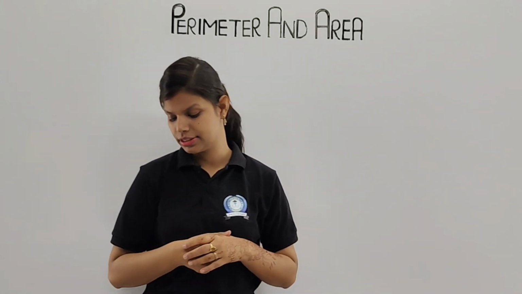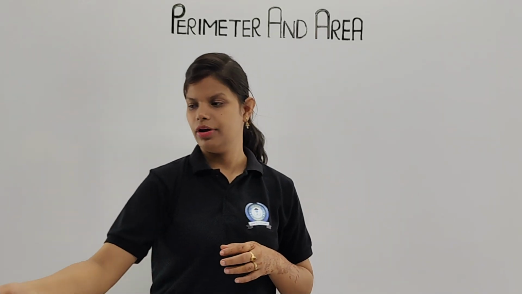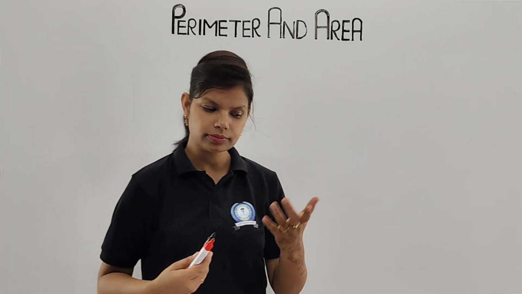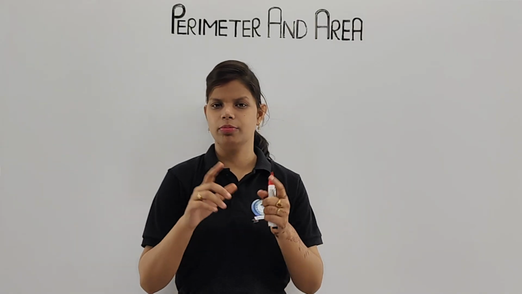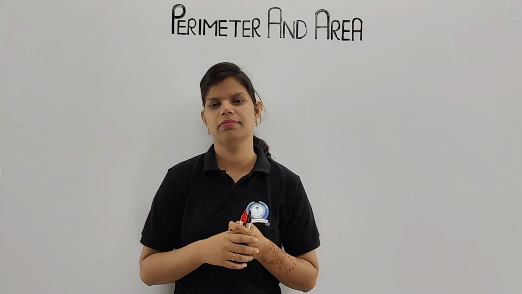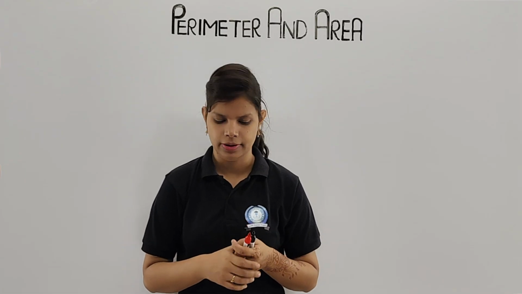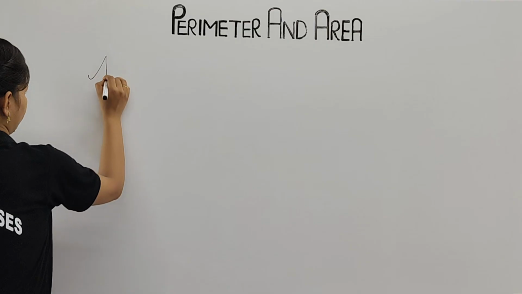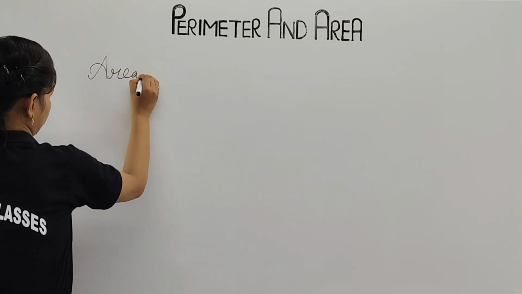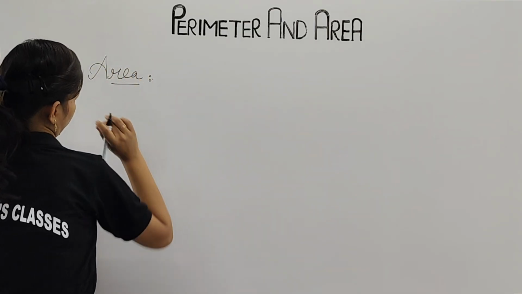Now we have to discuss the topic of area, where we will talk about its formula, its representation in the form of a grid, and then we will solve numericals based on it. So first of all, we are going to discuss area.